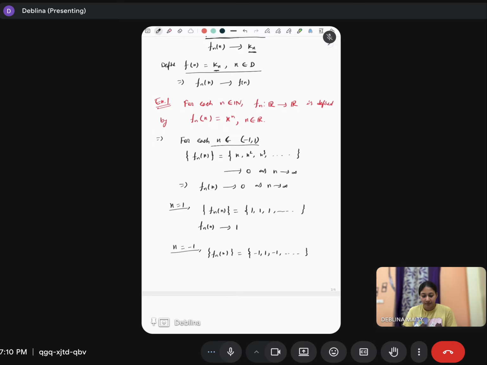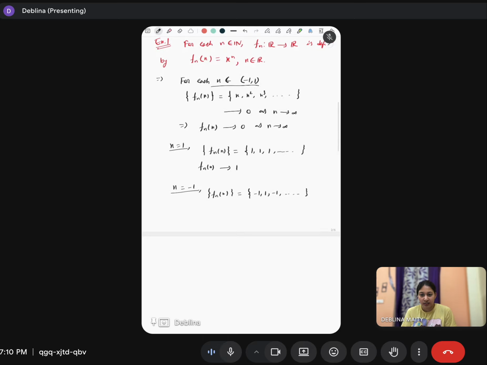So this is not convergent. And also if we take x greater than 1 or x less than -1, then x to the power n is not convergent.